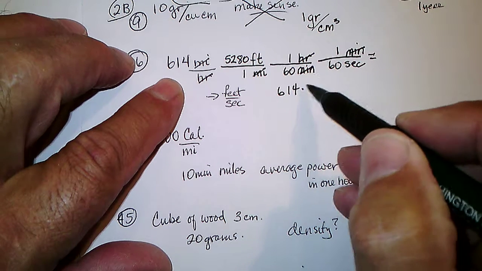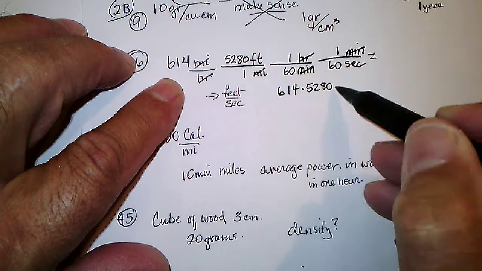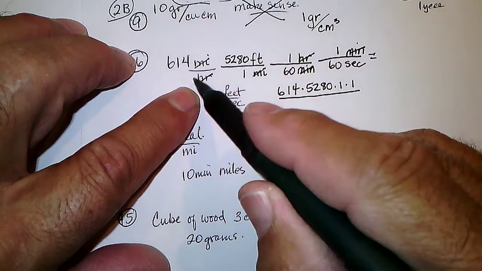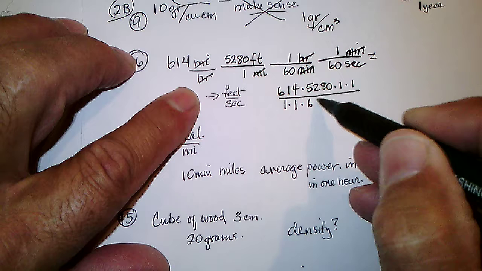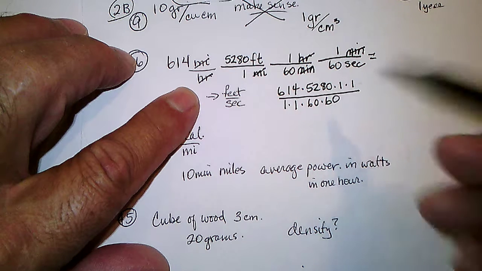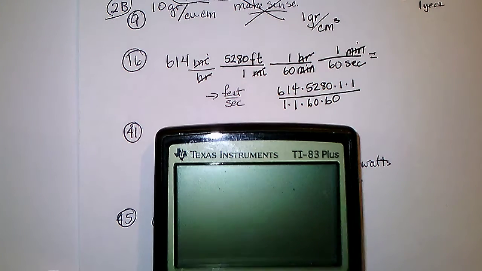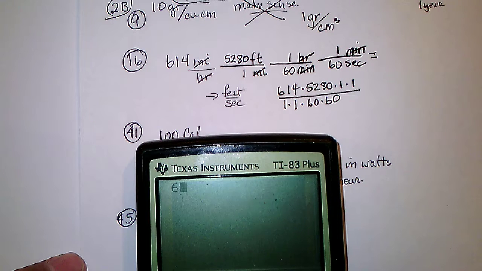So my answer would be 614 times 5,280 times 1 times 1 over 1 times 1 times 60 times 60. If I type that into my calculator, I could do each line separately, but on this kind I can use parentheses. So I'm going to do 614 times 5280.